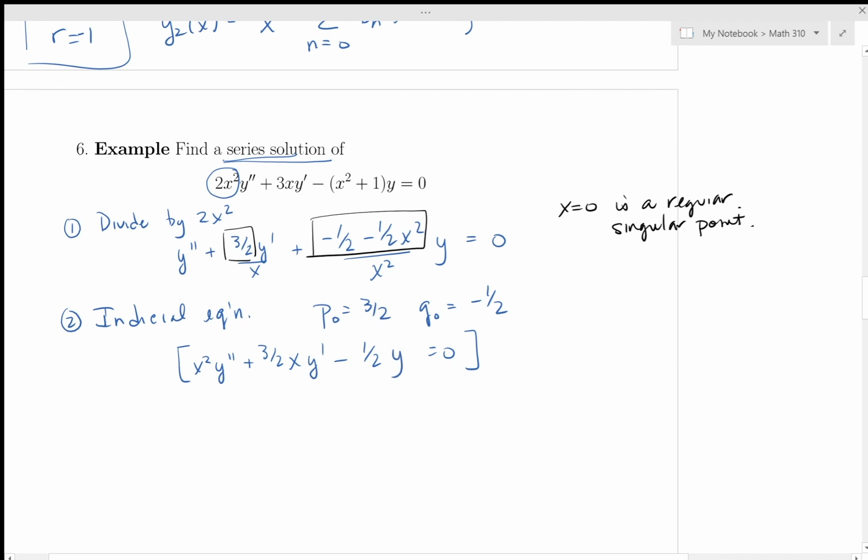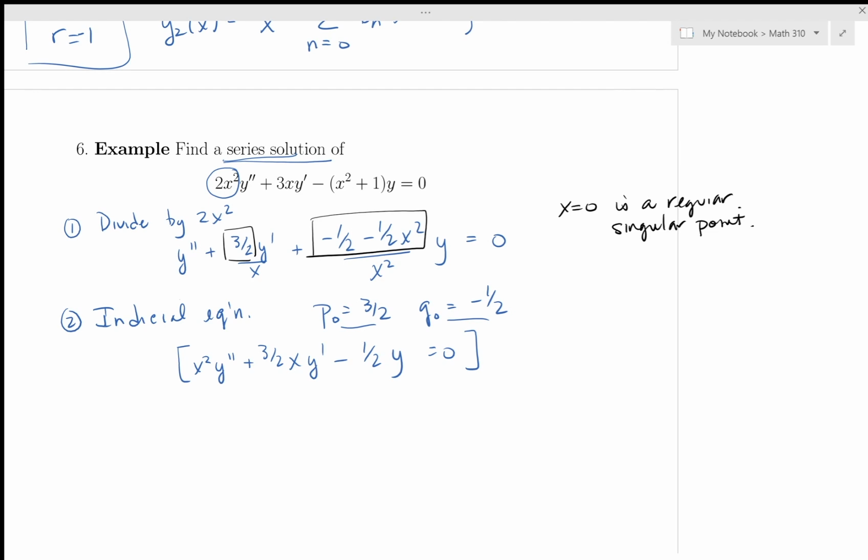That's the corresponding Euler equation. The differential equation wasn't the same, but we saw the same two values for P naught and Q naught in the previous example.